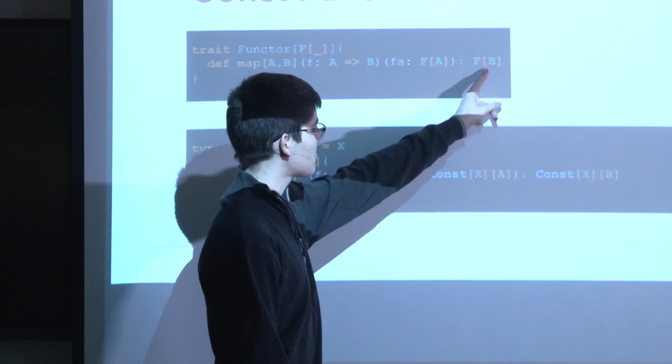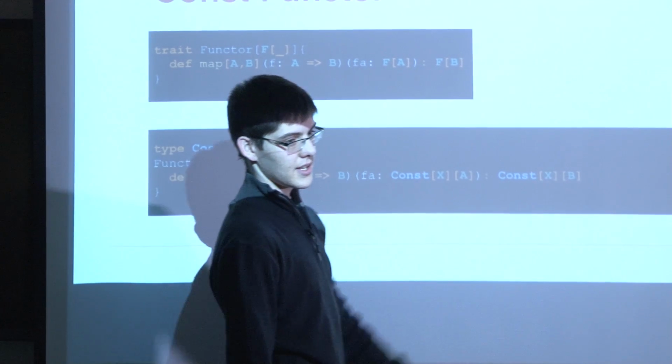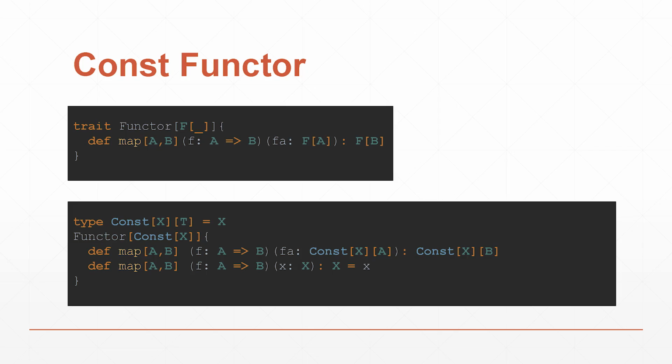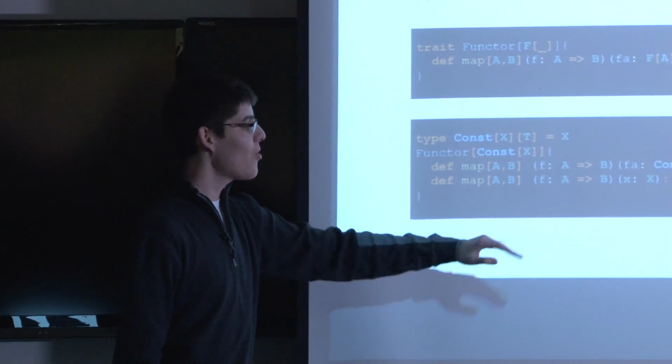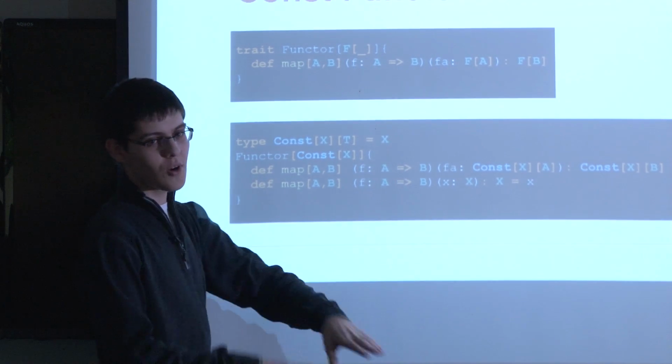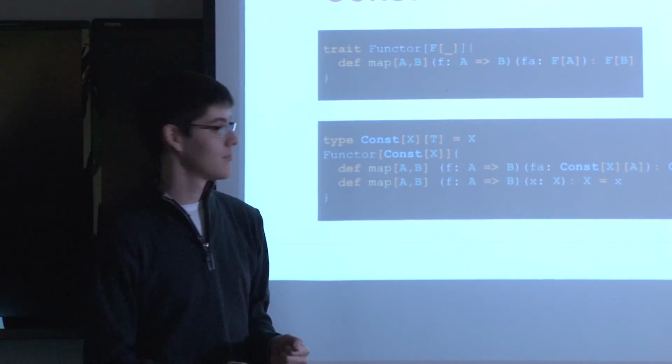The a comes here and the b comes here. If we substitute the const again, we just get the x, the first parameter. So with the function a b and an x, we must return an x. We have no other way of returning an x but returning what we got. No other way to create an x value.